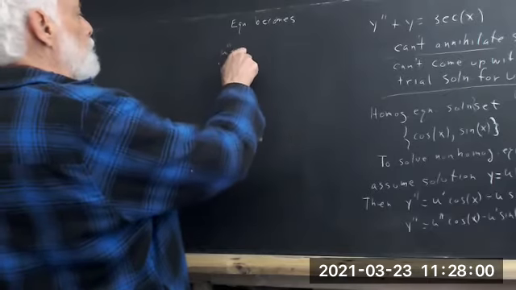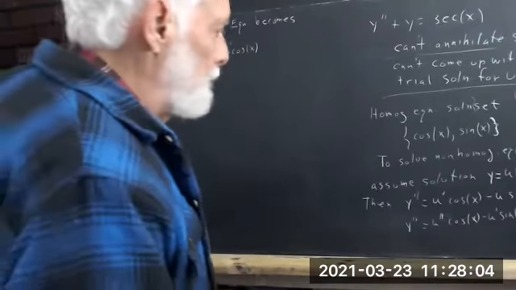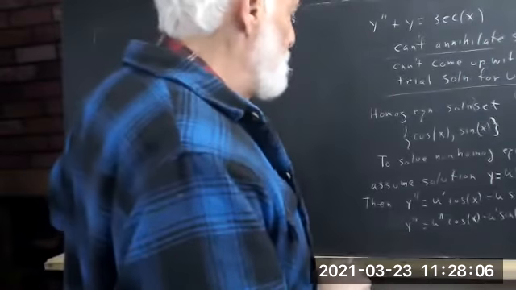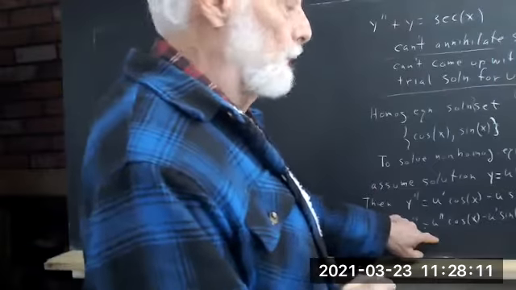You're going to have a u double prime cosine of x, and that's your u double prime term. It's the only u double prime term.